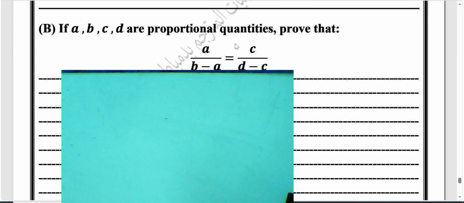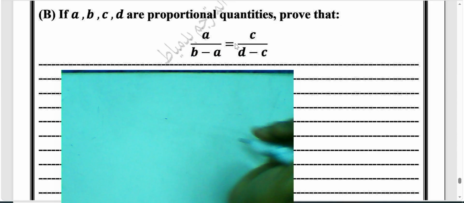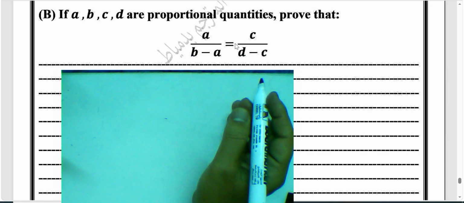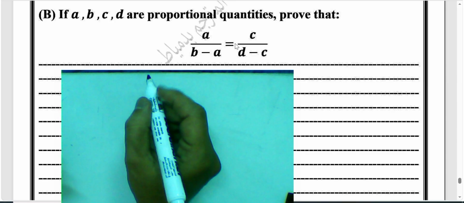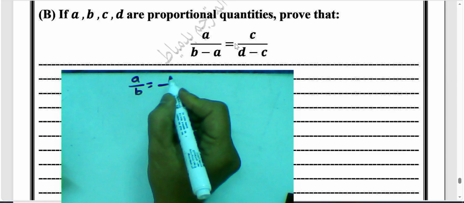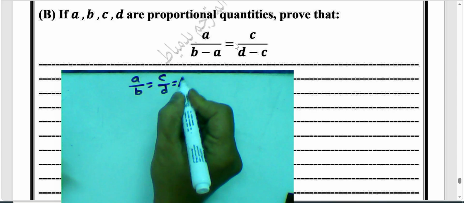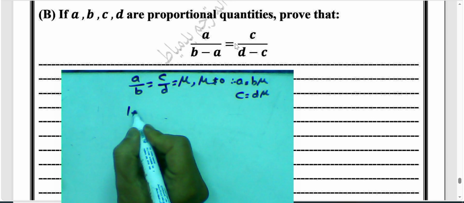Next question. If a, b, c, d are proportional quantities, prove that left hand side equals right hand side. We have proportional quantities, then a over b equal c over d. I will put a constant m, and m not equal 0. Then the value of a equal bm and the value of c equal dm. Now I will start from the left hand side.